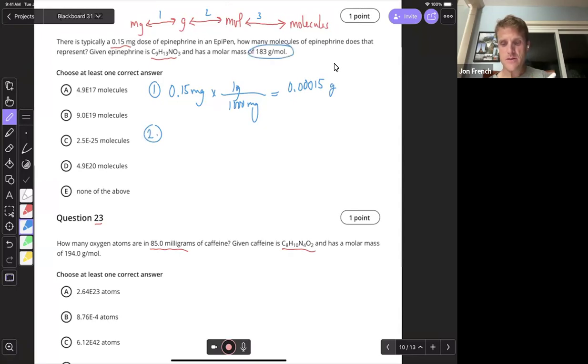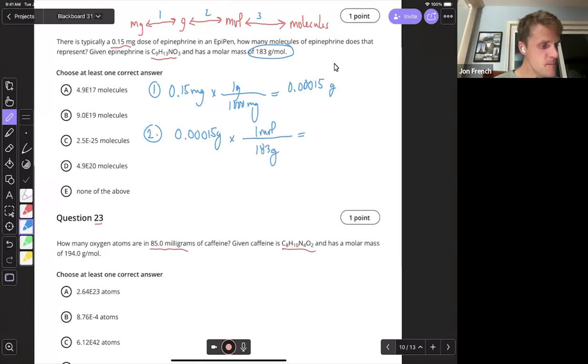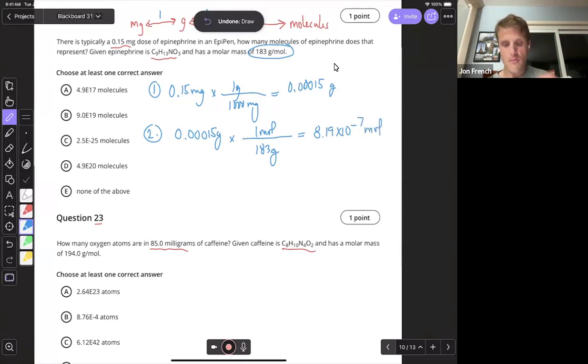I gave you the molar mass: for every 1 mole, 183 grams. So we divide that by 183 and I get 8.19 times 10 to the minus 7 moles.